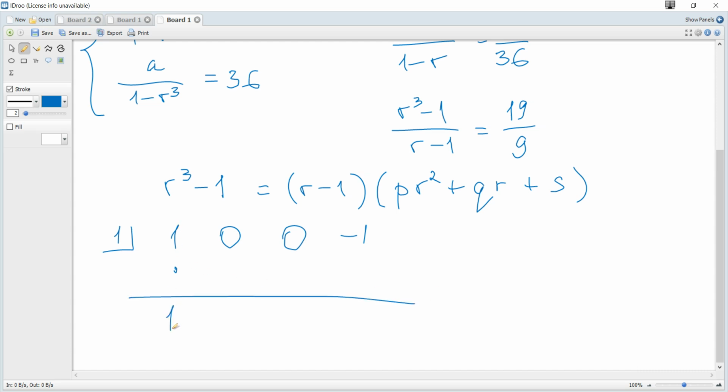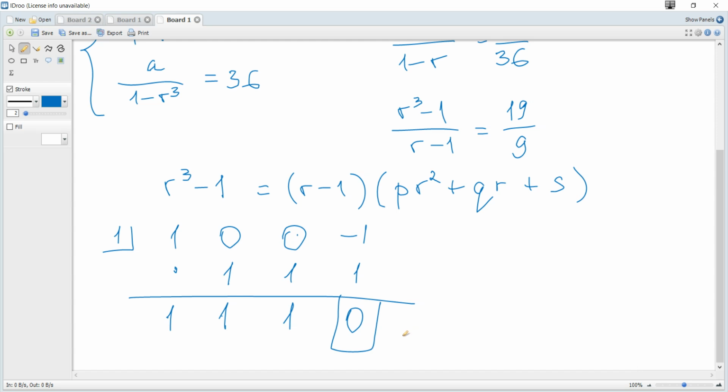Then we rewrite this, and then this multiplied by this, and right here 1, then add up 0 plus 1, and right here 1, then 1 times 1, right here 1, sum is 1, and then 1 times 1, 1, and we get 0. There must be 0. Why?